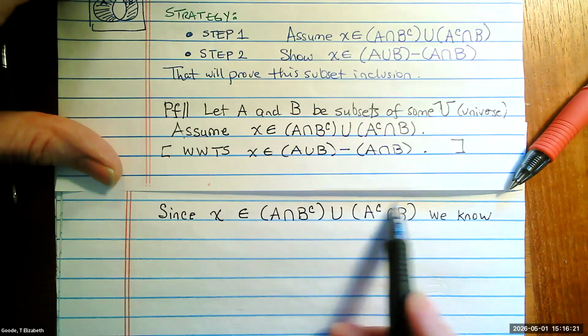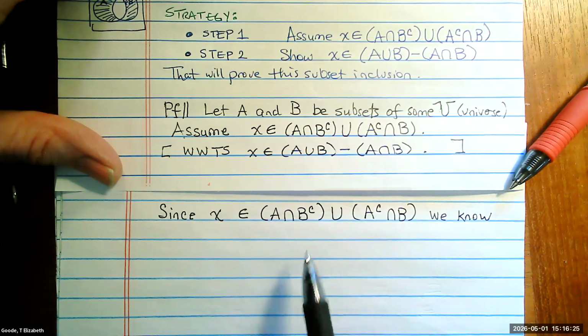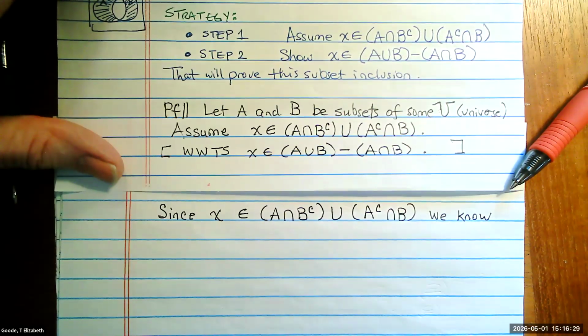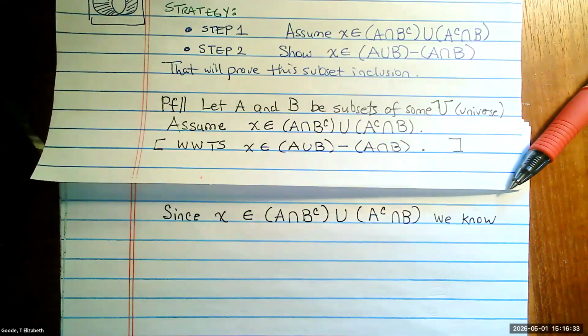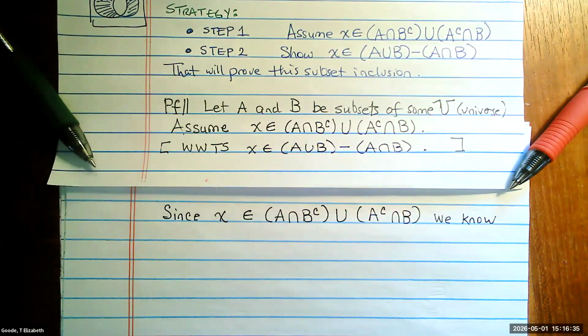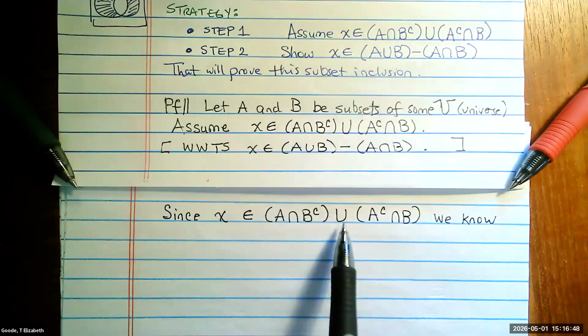We break down the compound sets in an element chasing argument. We break down these sets in the opposite order that we would construct them. So what operator are we going to attack first? The union, the or, you were right. We're going to break this down.